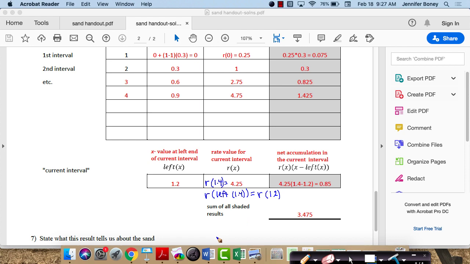because left of 1.4 means the left end of the interval immediately to the left, the interval that is closest, starting to the left of 1.4, and this is also the same as r sub f, the exact rate function at 1.2, r sub f of left of 1.4. So r of 1.4 and r of 1.2 and r sub f of 1.2, the ones using left, all have the same value. It's slightly lower than this.